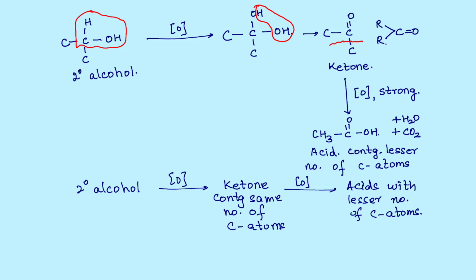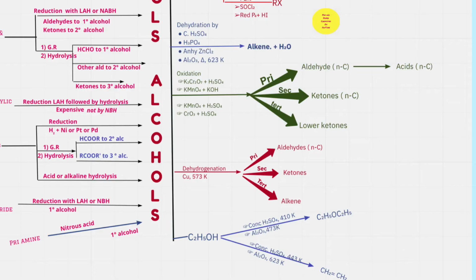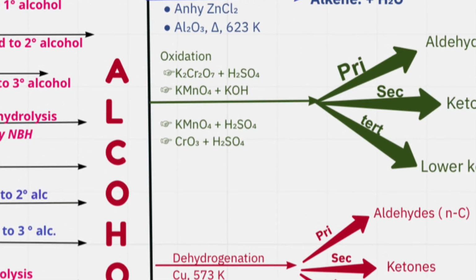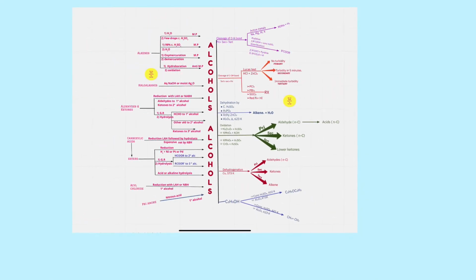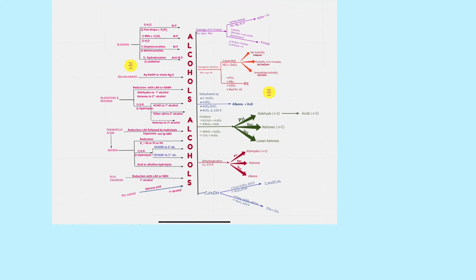What are the oxidizing agents that we shall be dealing with in these oxidation reactions? Don't worry, we're going to talk about those in greater detail as well. So as you can see in the flowchart, which I hope you've kept on the side, what you can do is take the flowchart, keep it as a ready reference on the side, and keep writing the reactions looking at the flowchart.